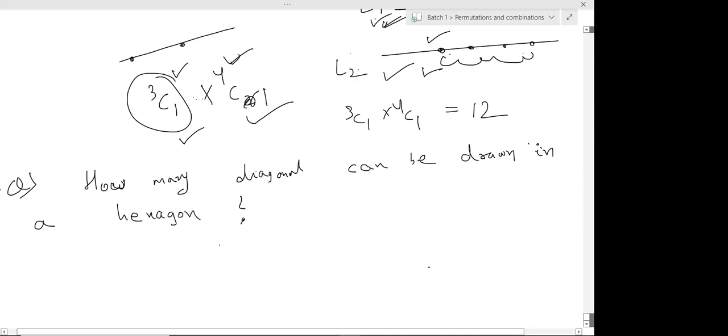All right, try to solve this. You can try to draw and count, or you can use permutation and combination and find the answer. All right, few minutes for this.